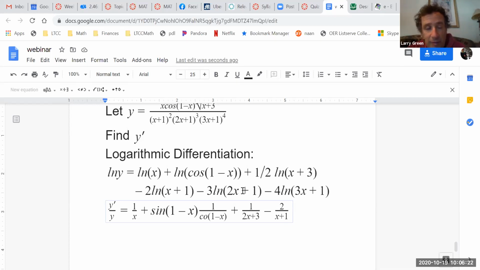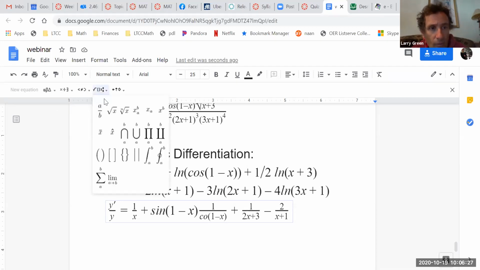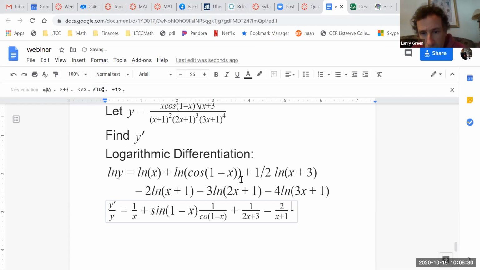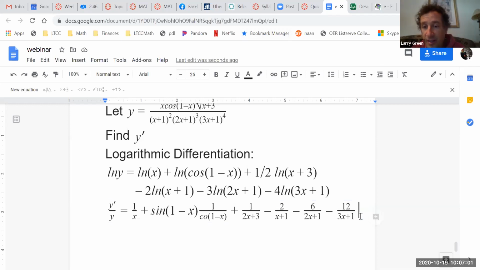And that's 6 over 2x plus 1. And the last one will be 12 over 3x plus 1. Still takes time, but nothing like it would if you had to use chain and product rule, which you just give up because it'd be so miserable.